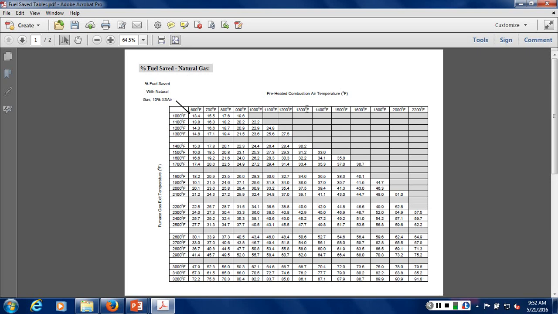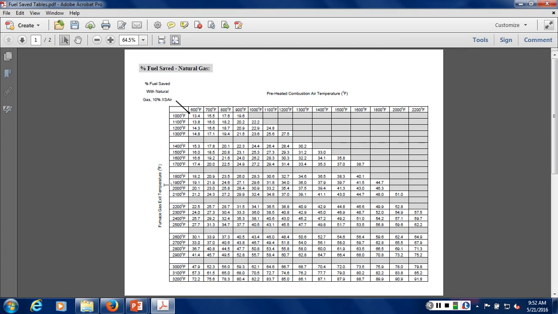What you notice across the top, that's your preheated combustion air temp, or your preheated supply air. Along the left-hand column, we have the exhaust gas temperature. So what we do is we have to go across here until we find our preheated combustion air. And again, it's probably going to fall somewhere between these numbers. It's almost never going to fall exactly in a number.